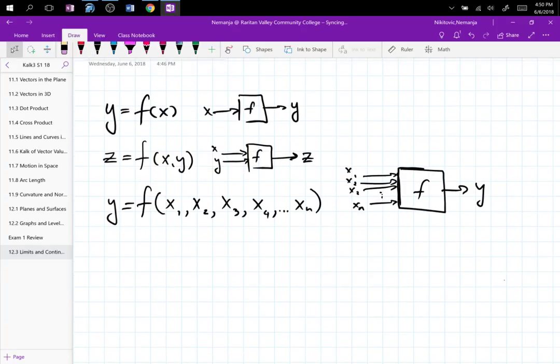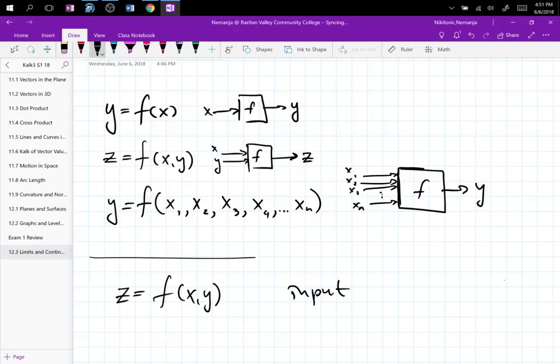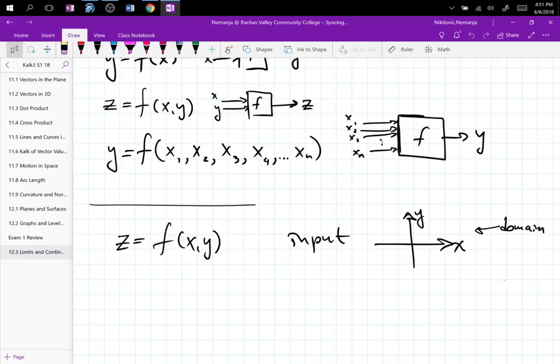Now, going back to our definition of a function, z was equal to the function of x and y, and we know that our input is now two-dimensional, so x and y, and the whole thing over here is the domain. We practiced many problems last time to figure out how to find the domain.